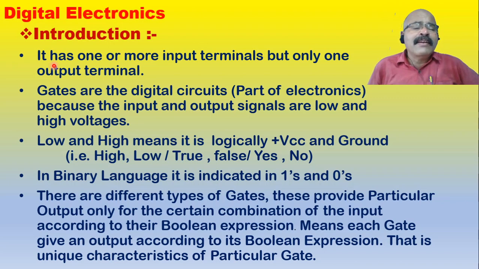We know that a logic gate has one or more input terminals but only one output. A logic gate is an electronic circuit that has one or more inputs, a minimum of one input, and there may be a greater number of inputs. A minimum of one input is essential in a logic gate. It has one or more input terminals but only one output terminal.